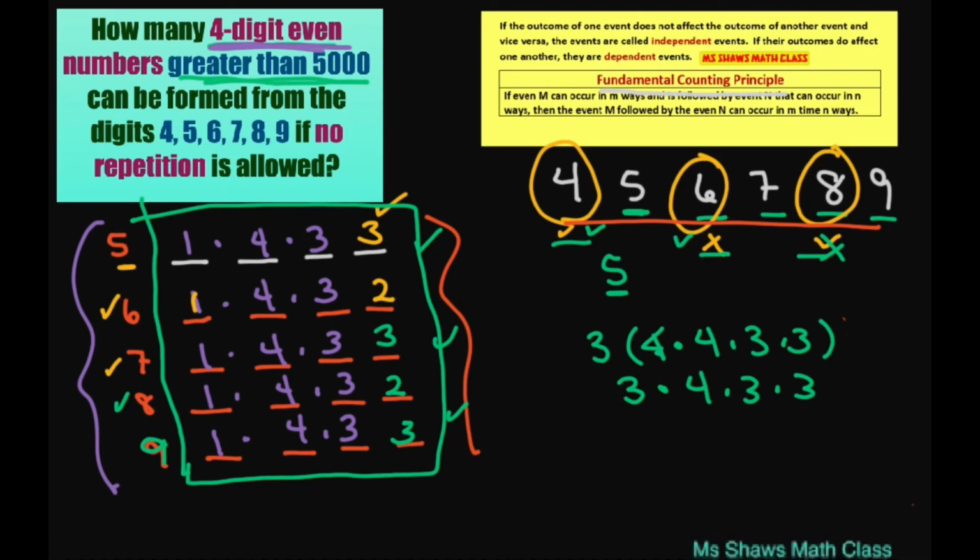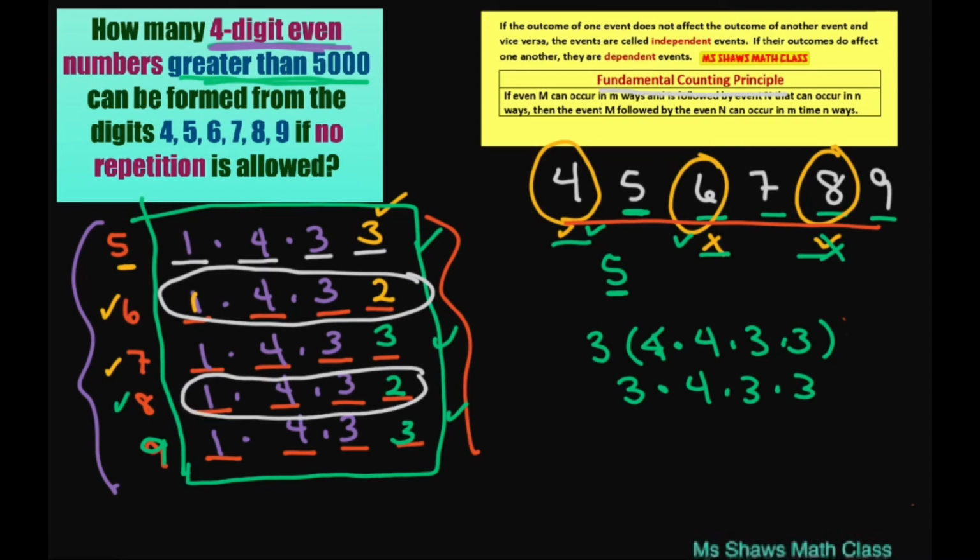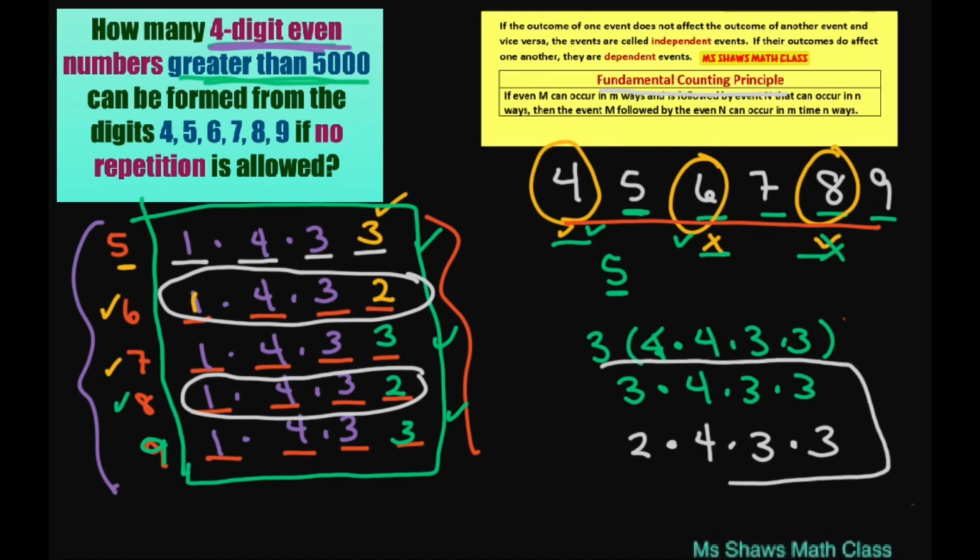And then we have 2 that look this way. These are the same. So this would be 2 times 4 times 3 times 3. We have 2 of those.